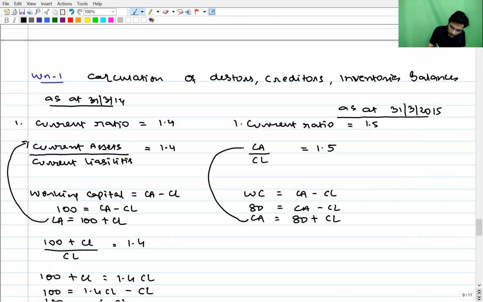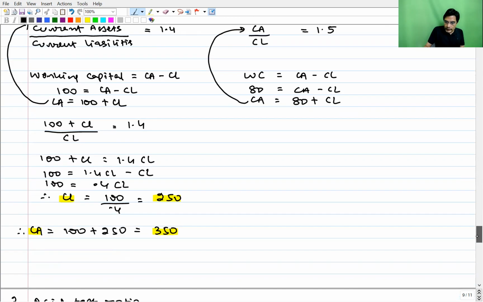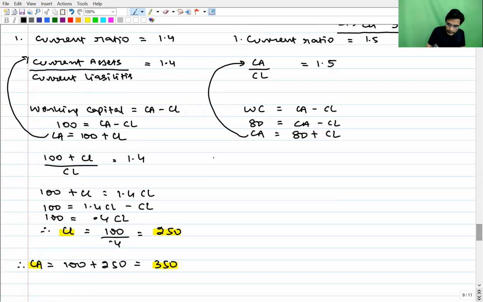We'll put this value of current assets in this formula and we will derive the value of current liability by solving it. So 80 plus current liability divided by CL is equal to 1.5. Now when we'll solve this equation, I'm directly writing the answer. Therefore, current liability is equal to 80 divided by 0.5, 160.